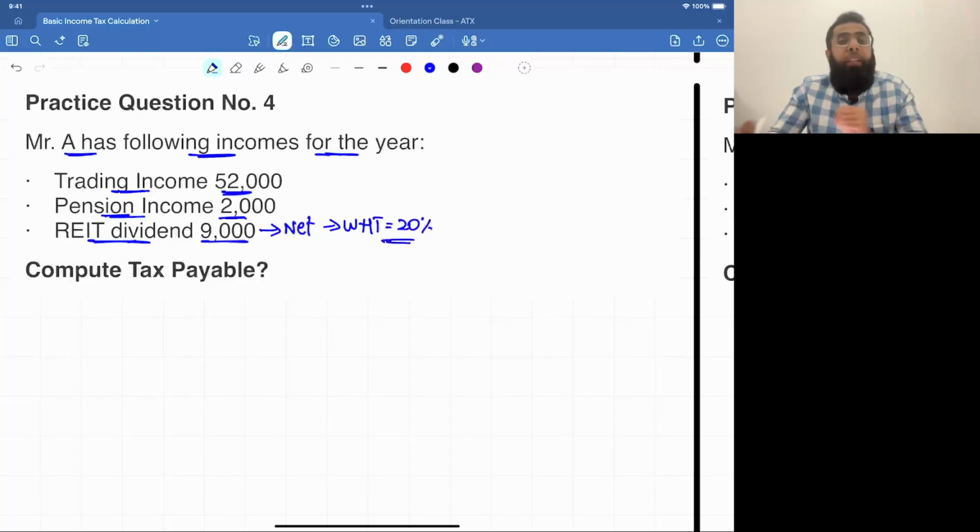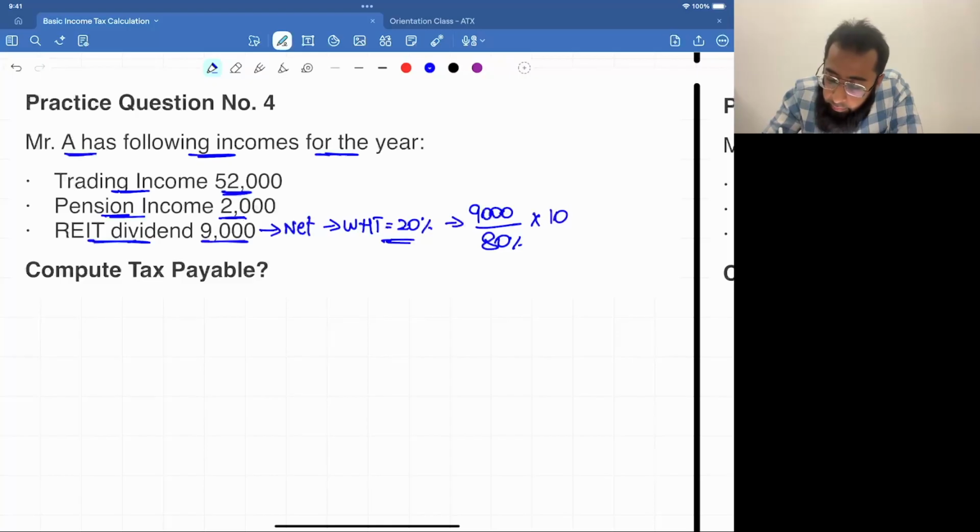20% is the withholding tax. What you need to understand is, whatever you received is 80%. Because when a REIT paid you an amount, they gave you 9,000. So in reality, the amount was not 9,000.